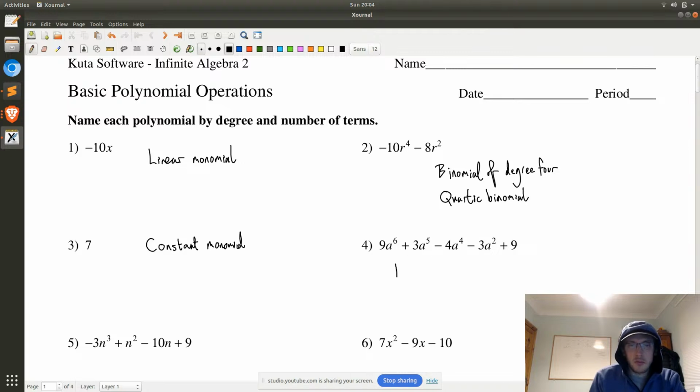So, of degree 6 with 5 terms. That would be its unambiguous sort of name.